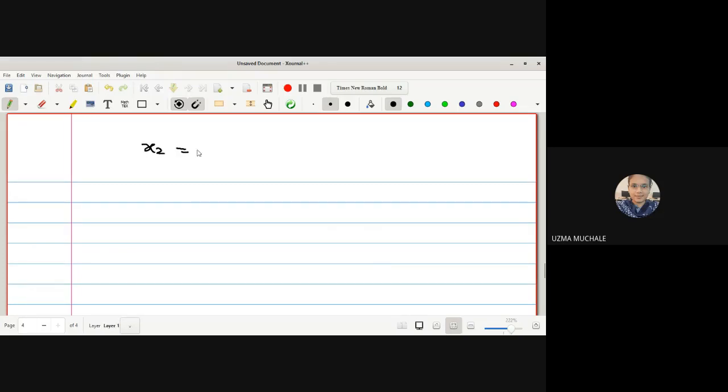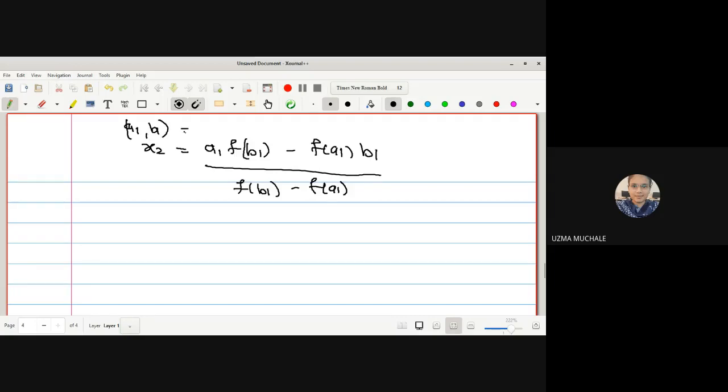Okay, x2 is equal to a1 f of b1 minus f of a1 b1, divided by f of b1 minus f of a1. Now, what is our a1 b1? Let me write down: a1 is 6.655, and b1 you can keep as 8.